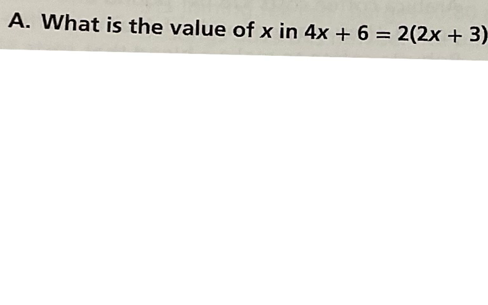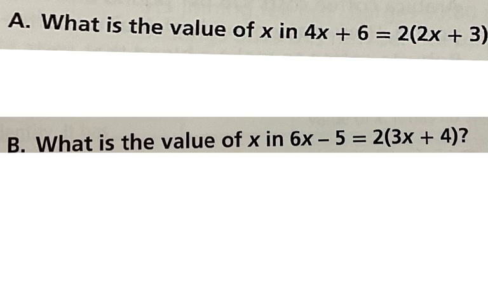Now, let's look at one more, and then we'll be done. Any guesses what this answer is going to be before we pull it up? 0? Okay, here we go. So what am I going to do here? I'm going to distribute.